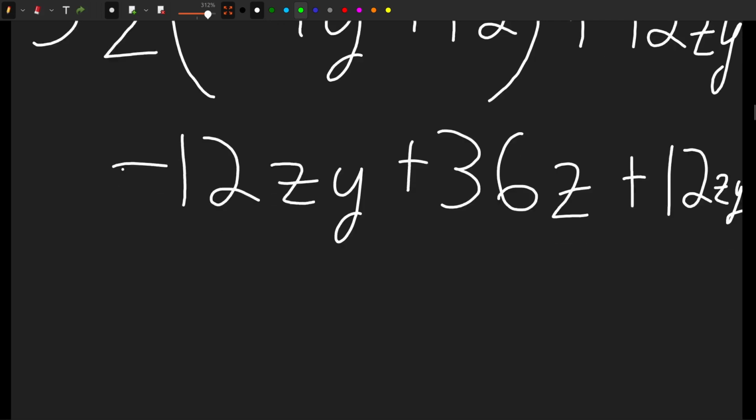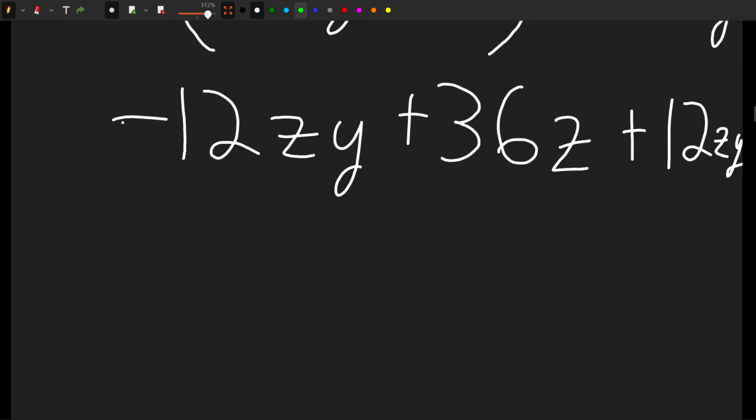Okay. Now the only thing left to do is combine like terms. And so in this case, I have two like terms. I'll use red for this. I have the negative 12zy, and then I have the positive 12zy. The other term I have is the 36z. It only has one z. It doesn't have a y, so I can't combine it with anything else. So it's just going to remain separate.